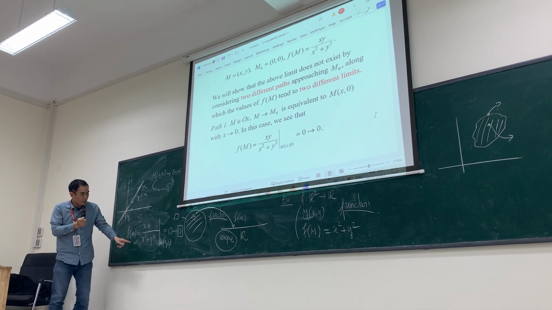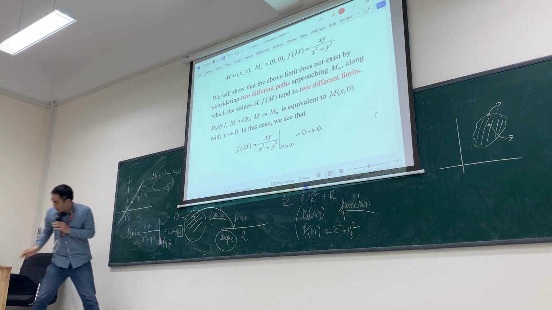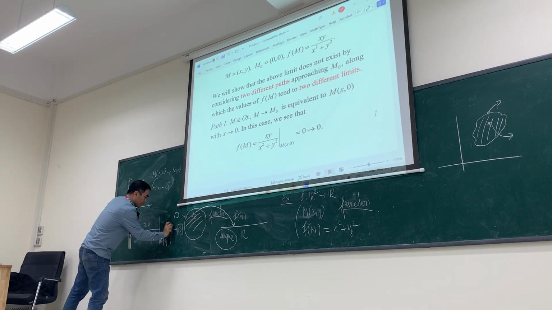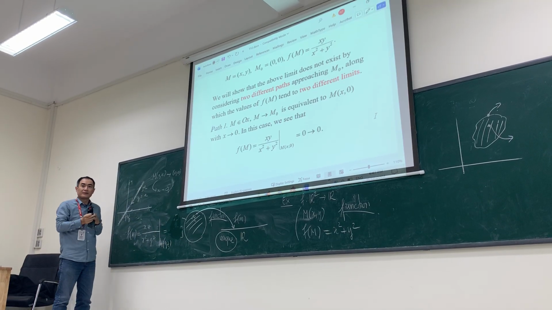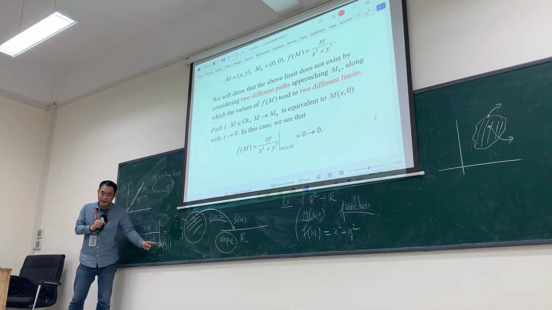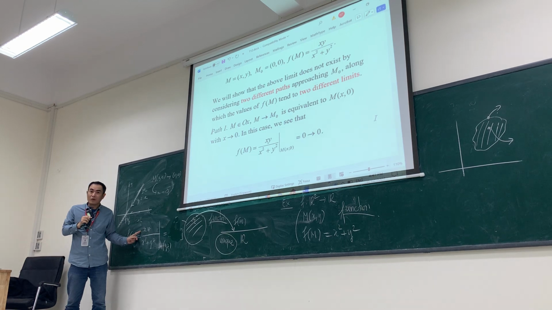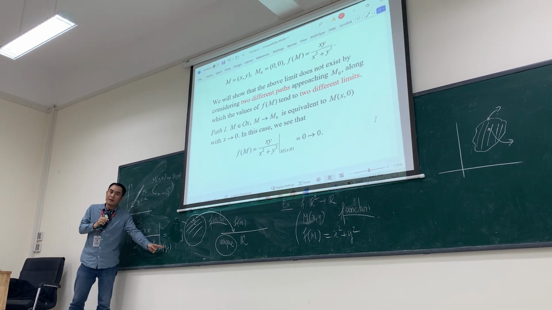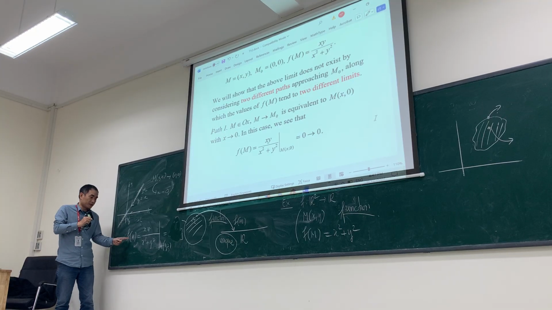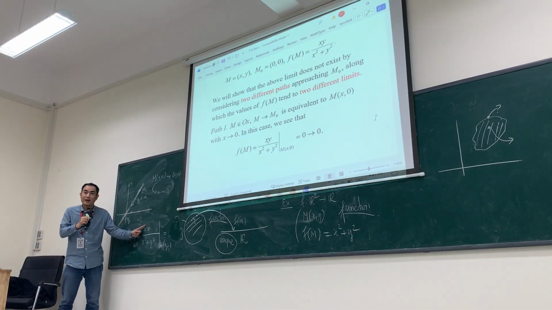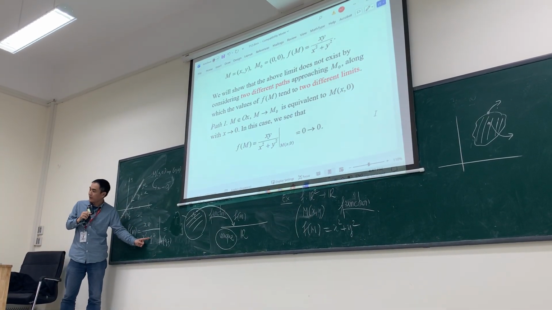Now, continue, we want to estimate the value of the function f if M belongs to this line. In this case we have y equals x. When we replace y equals x, we have the value of the function f(M) equal to x squared over 2x squared.